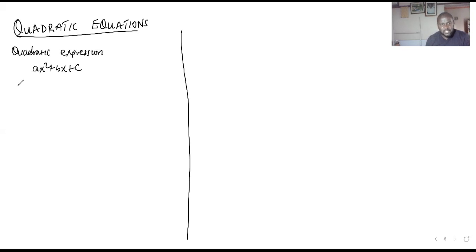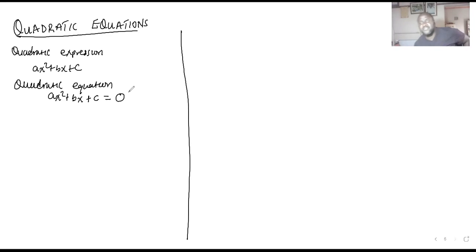Whereas a quadratic equation is expressed in terms of figures and unknowns, but it is equivalent to something else. So whenever it is equivalent to something else, it becomes an equation, because the word equation comes from the equaling to something else.